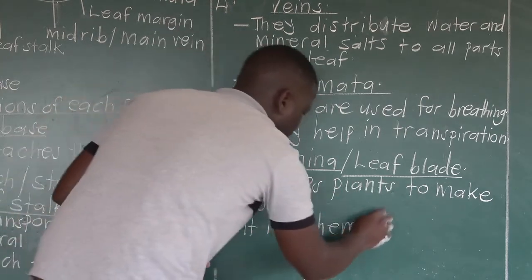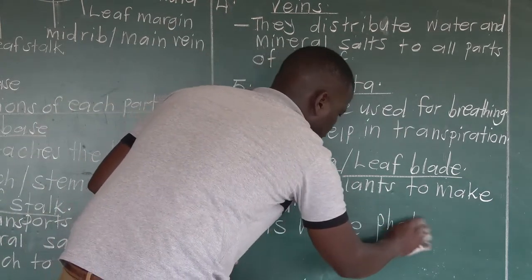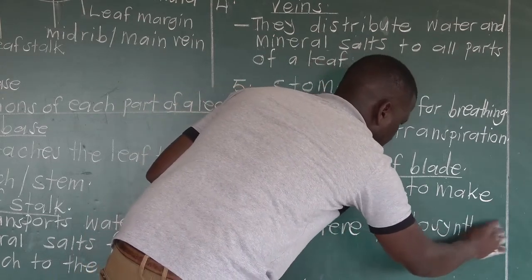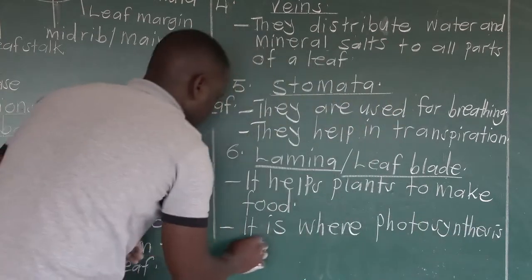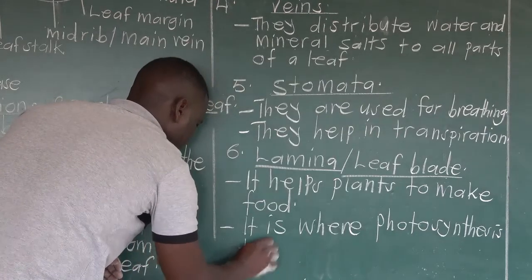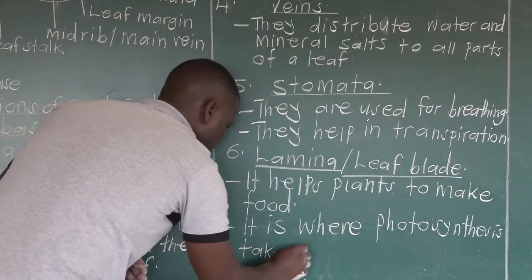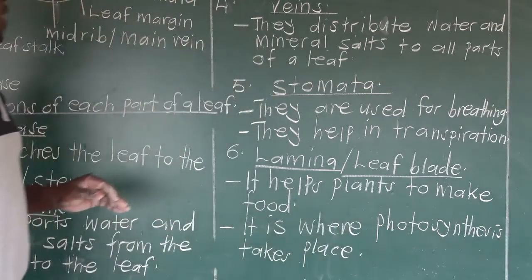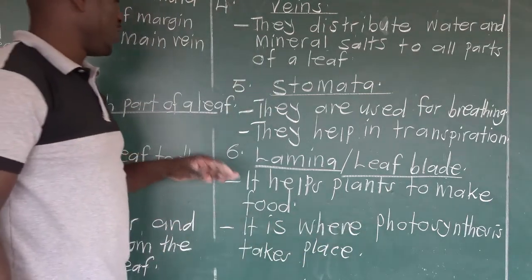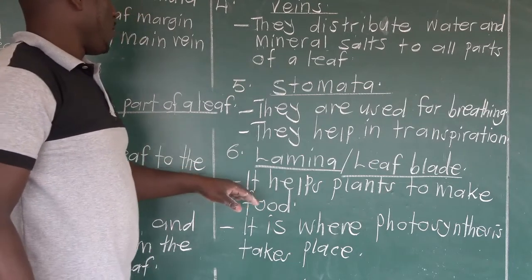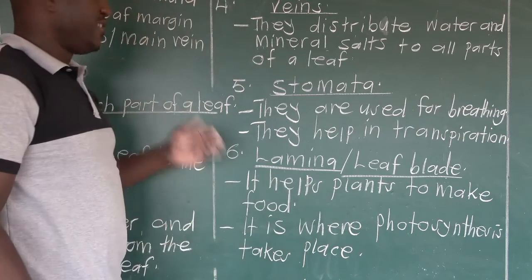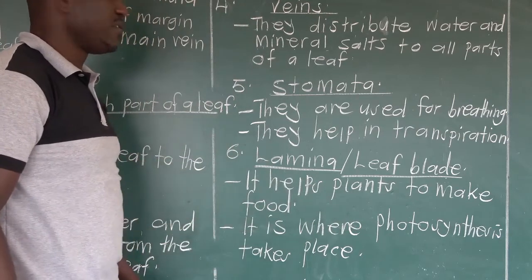So, lamina has 2 functions. One, it helps plants to make food, or you can say it's where photosynthesis takes place.